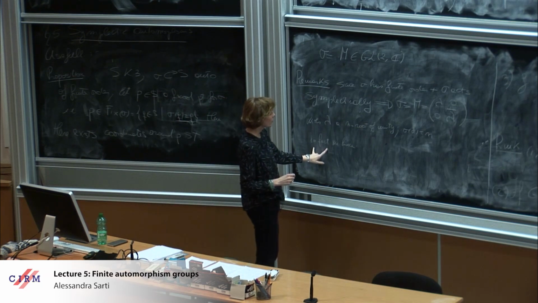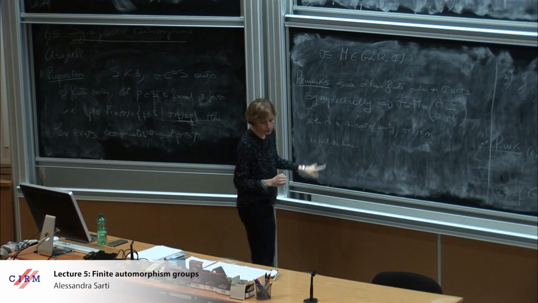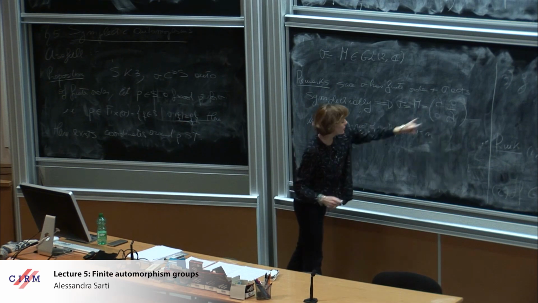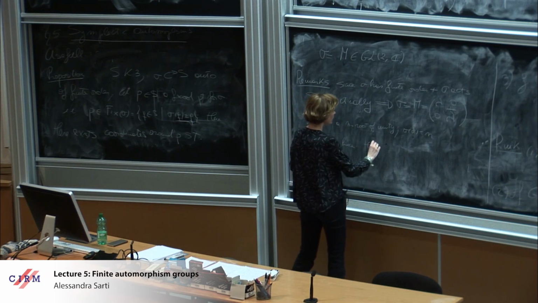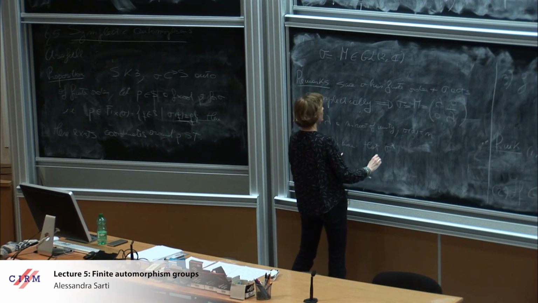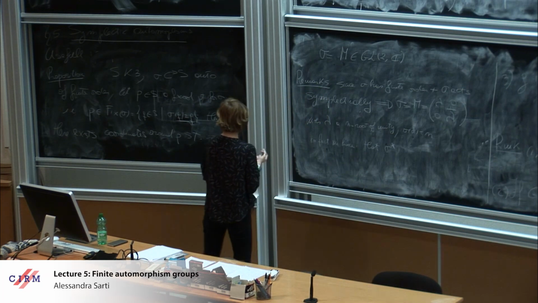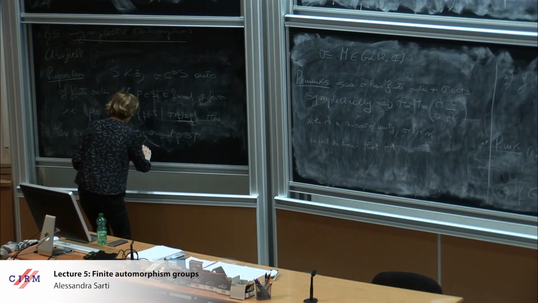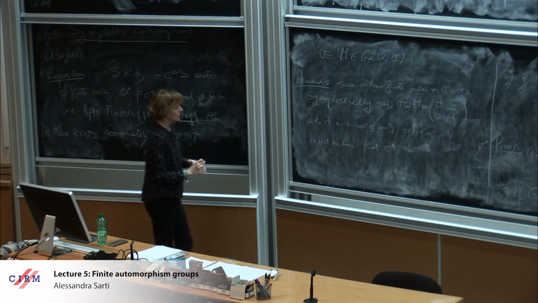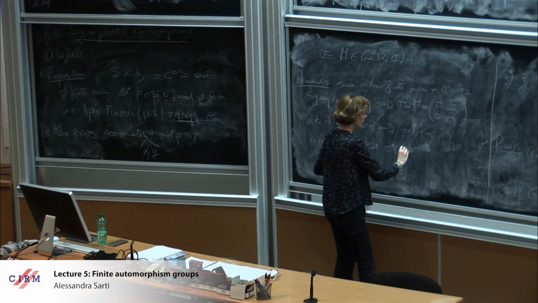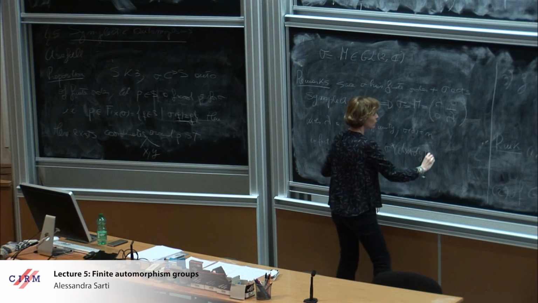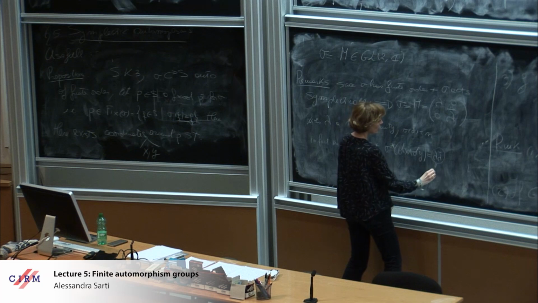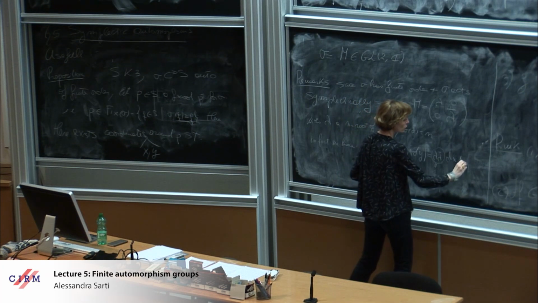In fact, we have, why this fact? We have that sigma star on the two form, with coordinates x and y, just to fix the notation, sigma star of dx wedge dy, which is my two form, is equal to lambda times lambda bar, which is equal to 1, times dx wedge dy.